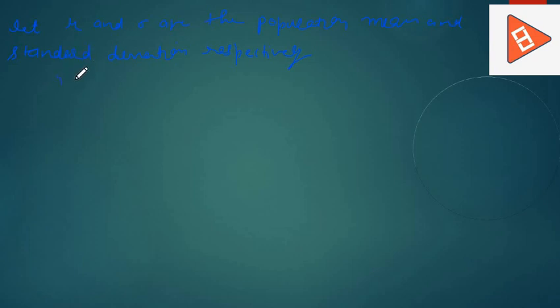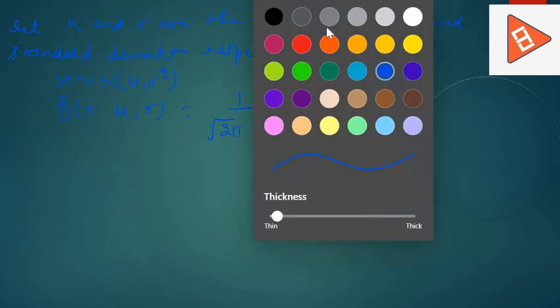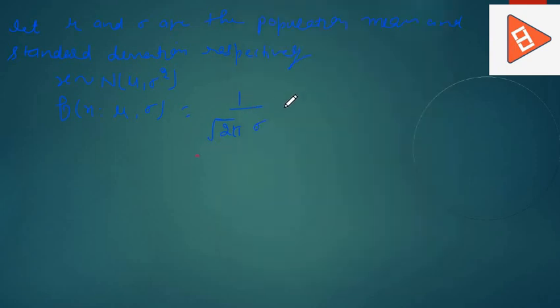Means to say the random variable x follows the normal distribution with mean mu and variance sigma square. Then the distribution function is defined as 1 by sigma root 2 pi e raised to power minus half (x minus mu) square divided by sigma square.